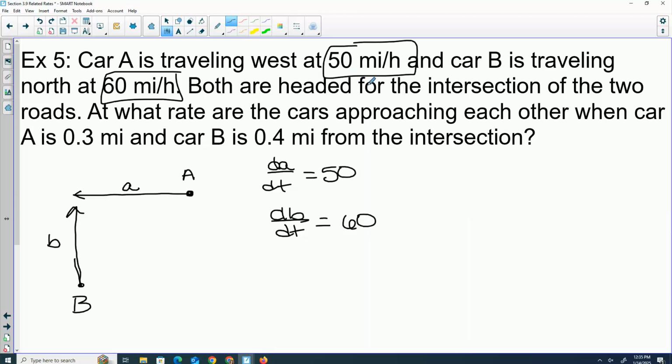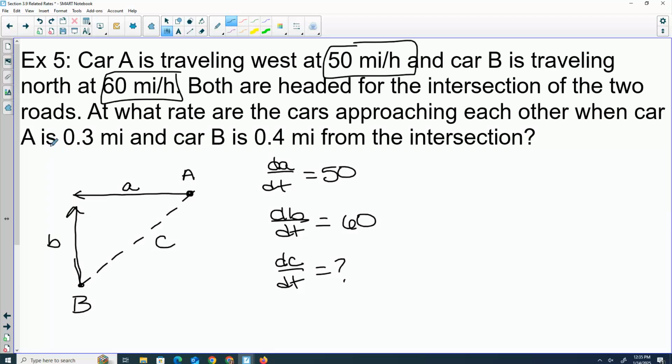Both are headed for the intersection of the 2 roads, so they're going to meet. At what rate are the cars approaching each other? So where would that be when they're approaching each other? What am I looking at? C, that's the distance between them. If I want the rate, that would be dC over dt. So that's what I'm trying to find.